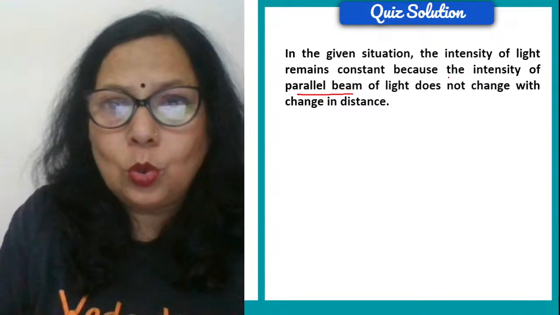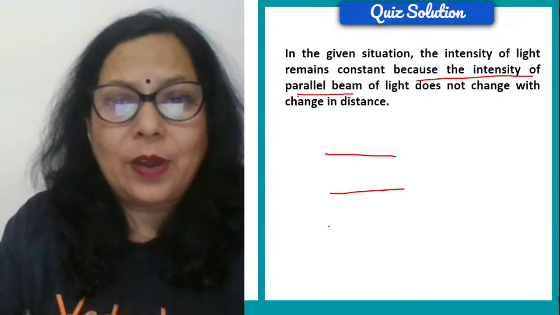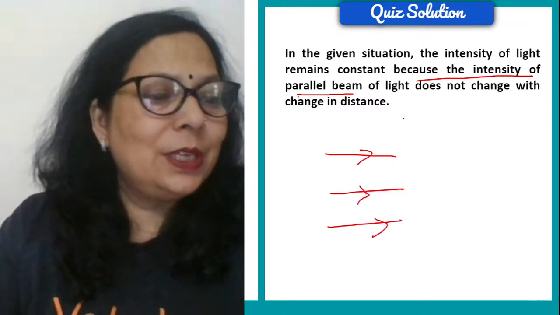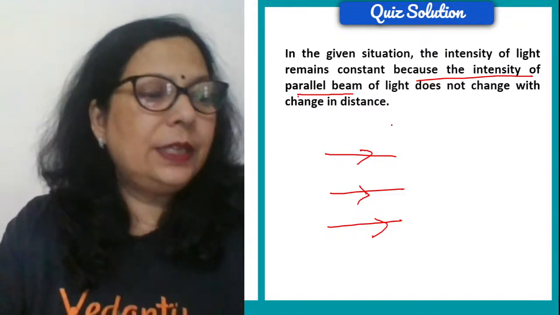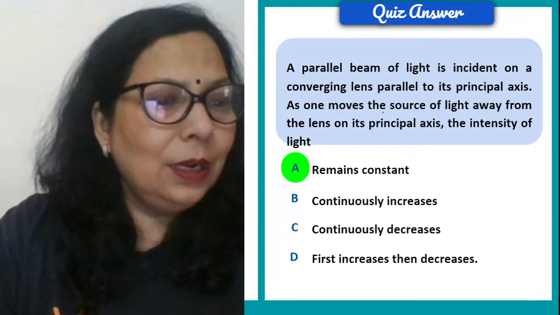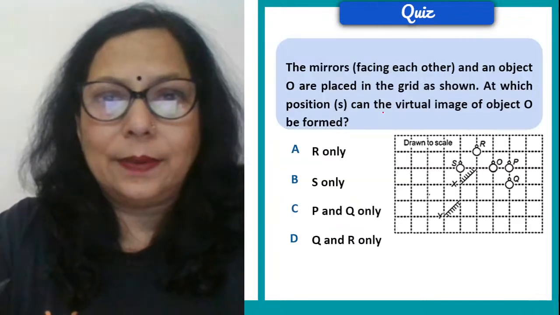So note this: when it is a parallel beam of light, its intensity will not change with the change in distance. Right, Kshitij? Note it down. Yes, it will remain constant, because the rays of light are parallel.